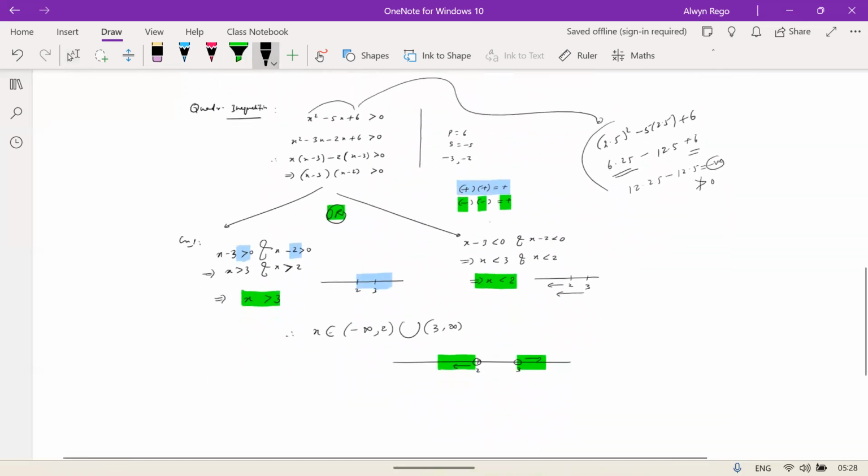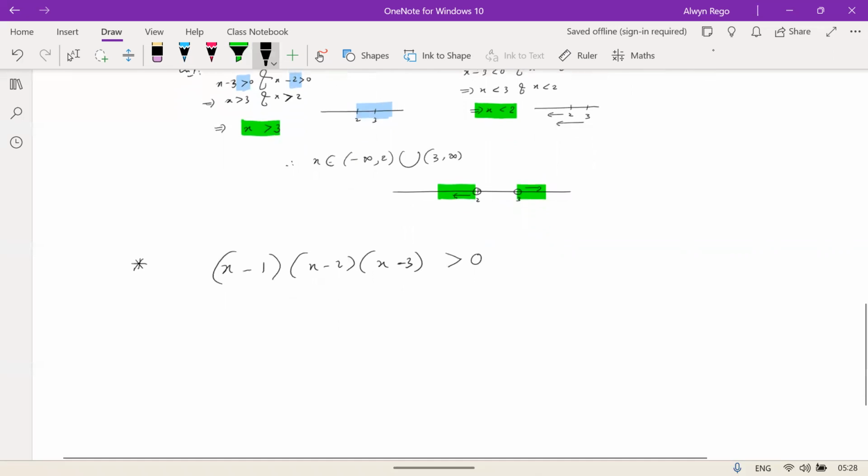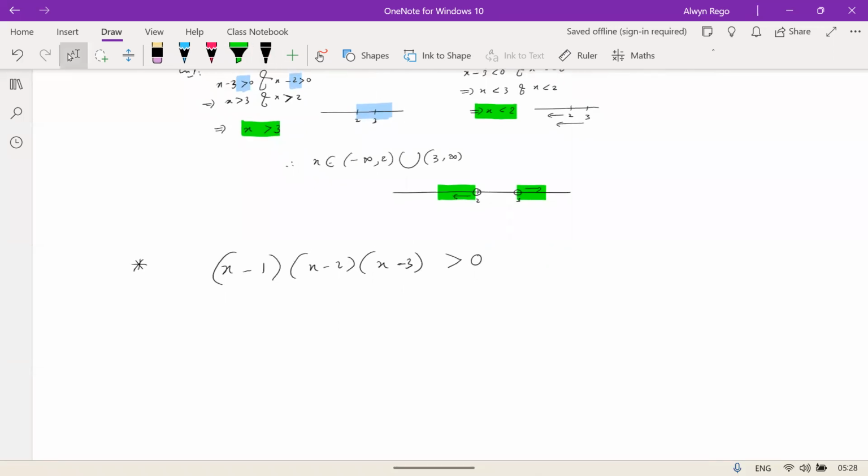Look at an inequality of this kind. Supposing you have x minus 1 times x minus 2 times x minus 2, and I'm solving this inequality more than 0. I would almost go crazy here, because supposing a times b is more than 0, it implies either a more than 0 and b more than 0, or a less than 0 and b less than 0.